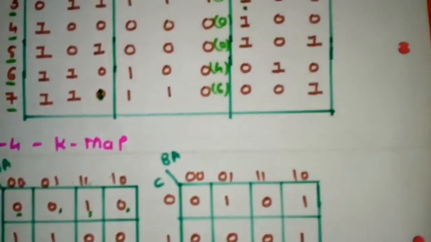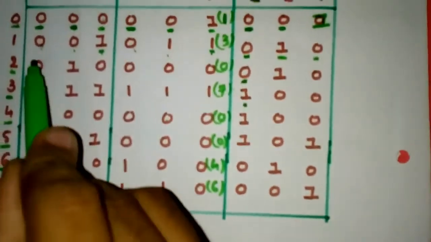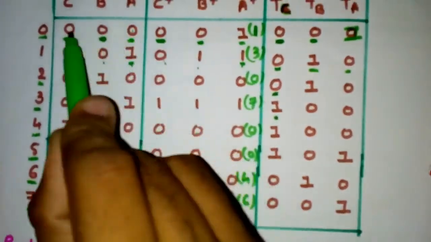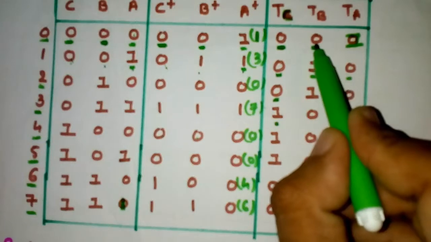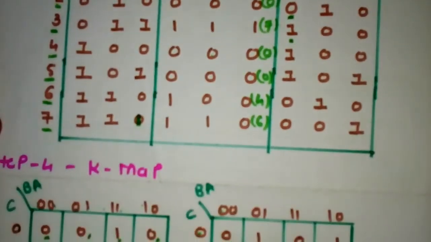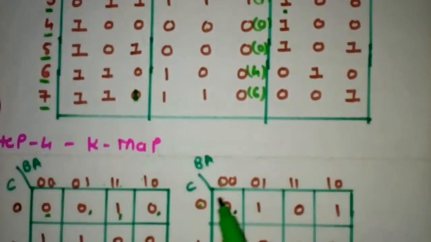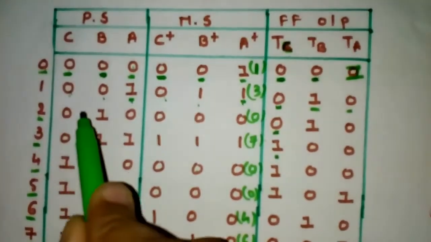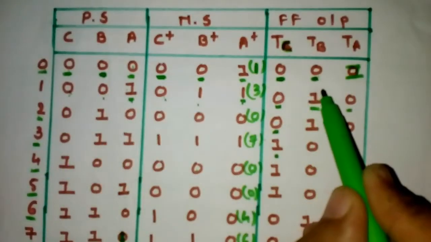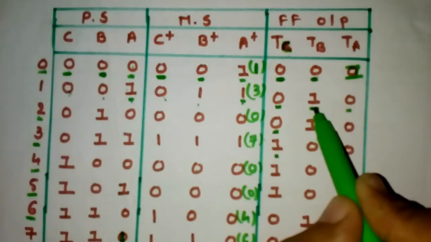For TB, 0 0 0, TB is 0, so put the value 0. For 0 0 1, the value of TB is 1.